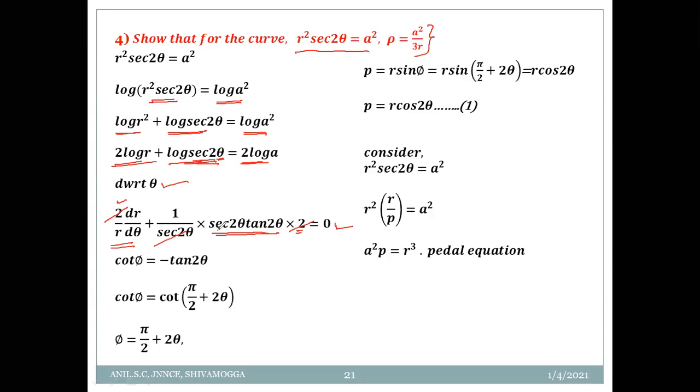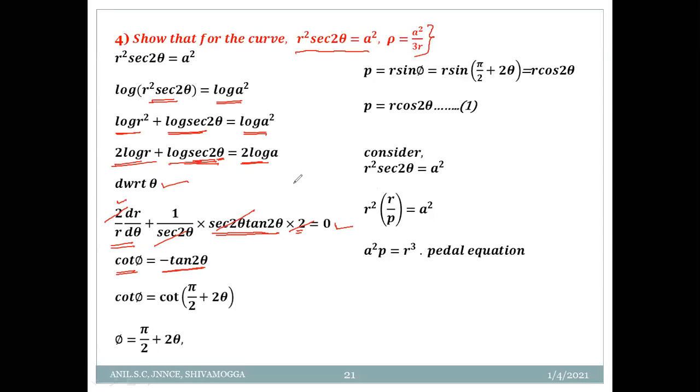Cancel this secant 2 theta with this secant 2 theta. And 1 by r into dr by d theta is denoted by cot phi. What is left here? Tan 2 theta. Transfer this to the RHS, sign changes, and it becomes minus tan 2 theta.